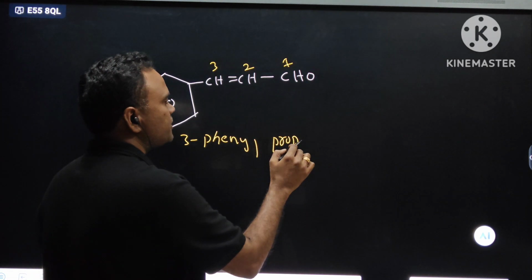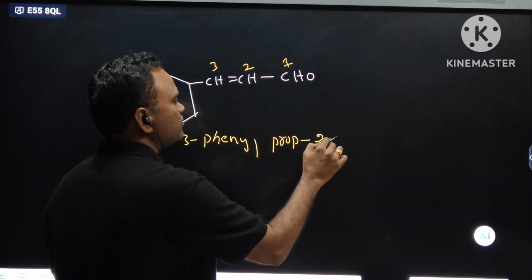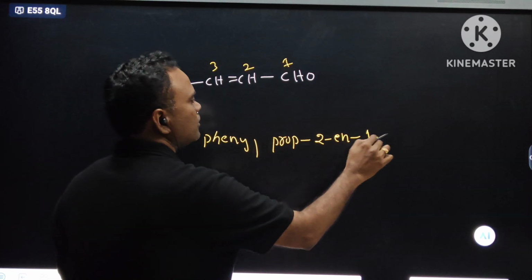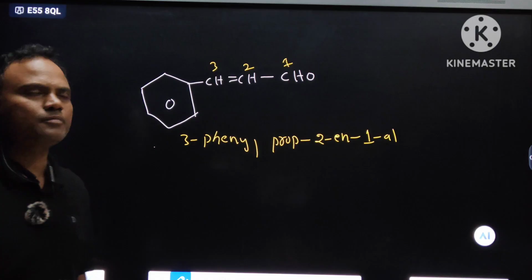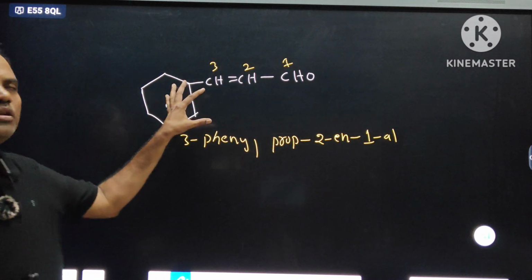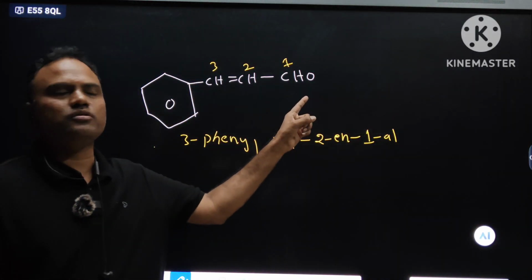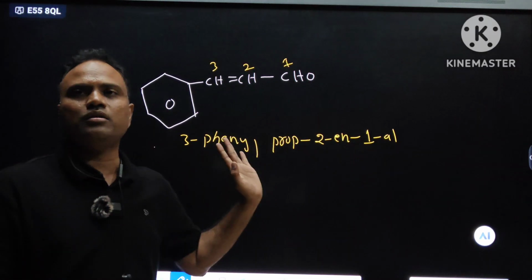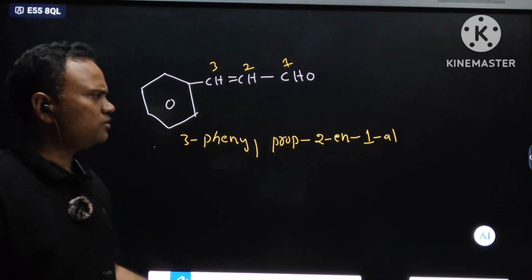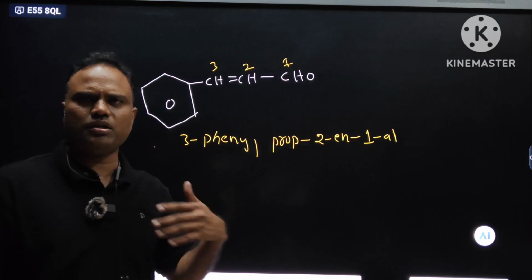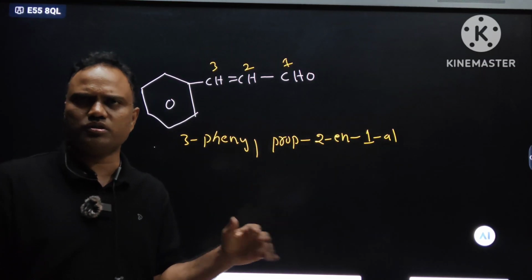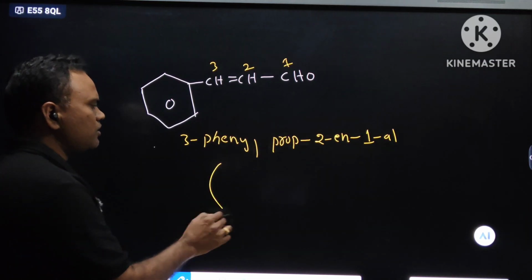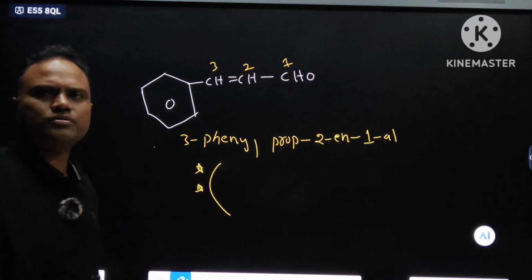Prop, double bond is present at second, prop-2-en-1-al. At third position, phenyl. Next the root word, prop. At second, double bond. At first, al. Okay, right. Normal method only, procedure only. IUPAC rules, everything is normal only. Here you are learning common names.